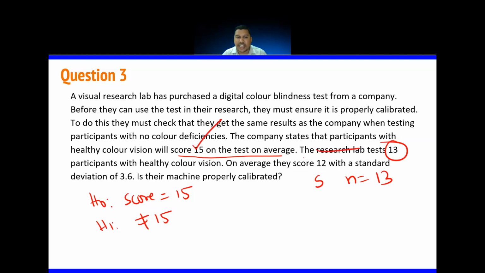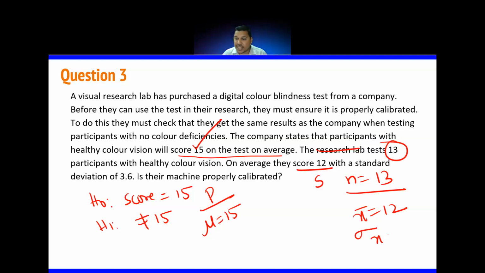They are taking 13 people's data, and on average they score 12. So the sample average here is 12, and for the population the average is given as 15. Here it is 12 with the standard deviation 3.6. So the standard deviation of the sample is given as 3.6. The population standard deviation we don't know.